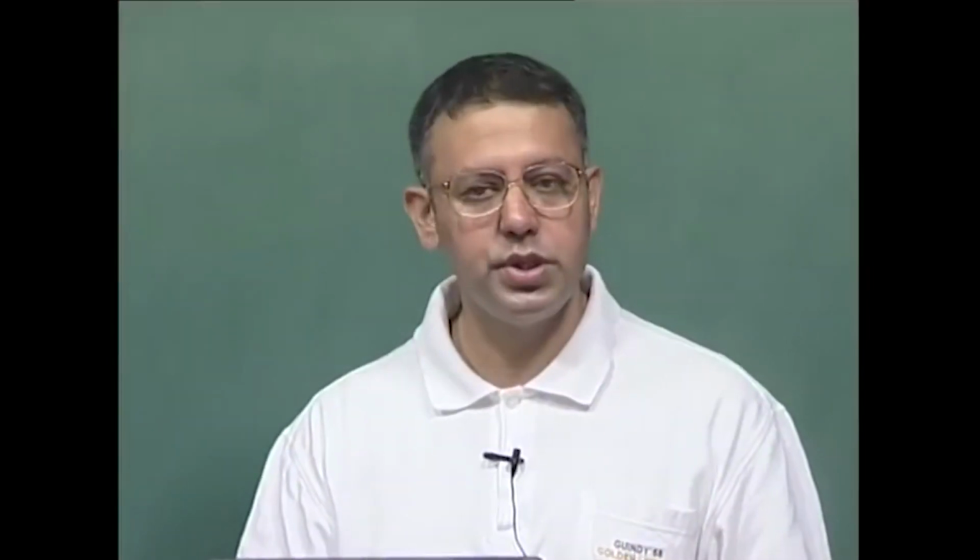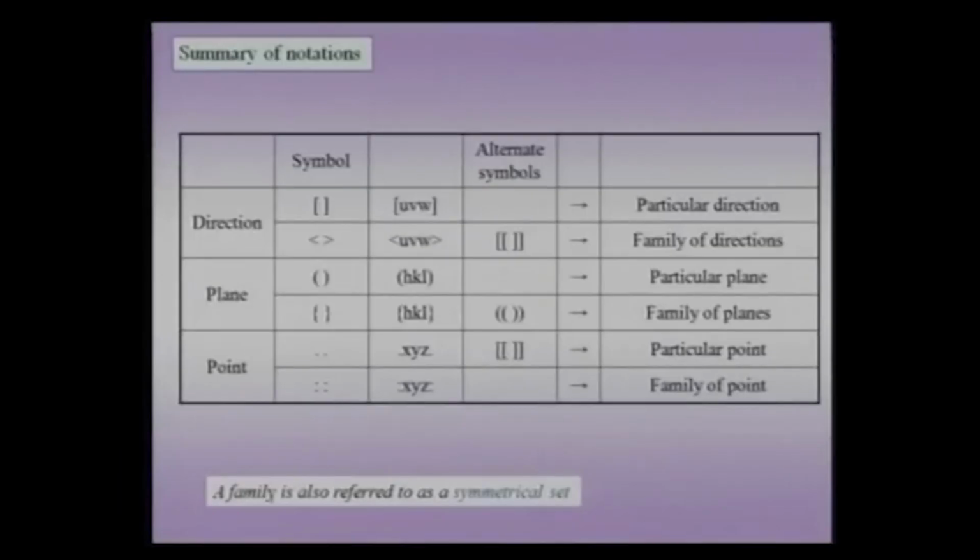Sometimes if you are looking at certain older texts or certain journal papers, you might come across alternate notations for family of planes or directions. So, this is just a summary of them, but more often than not we will stick to the kind of notation we have been using. So, for direction, this is a single member, this is a family. Sometimes an alternate symbol for a family like this is also used. Single member for a plane is like this, and for a family is below that.